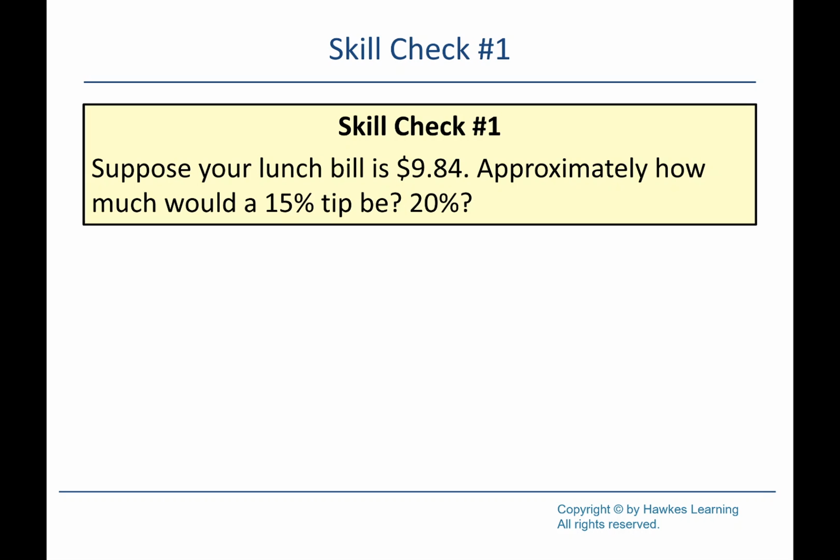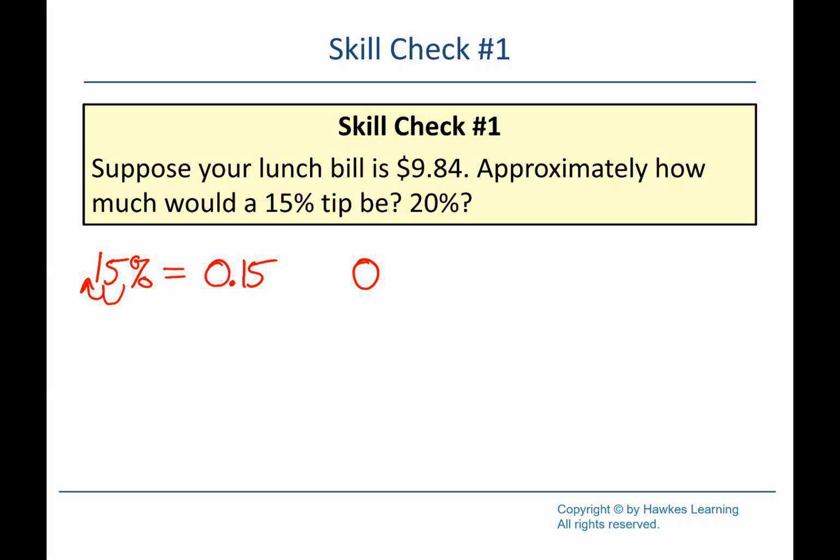So how do we do that? We want to know how much to tip. 15%, sorry, my screen's acting up. 15% as a decimal. We move our decimal place 2 places to the left, so 15% as a decimal is 0.15.